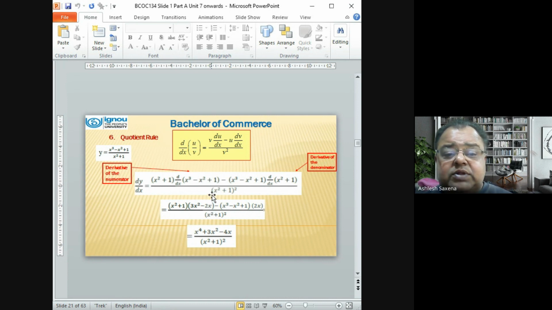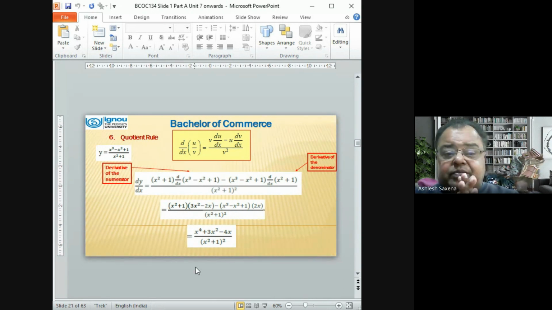Now, close the bracket, minus, write this bracket as it is. Now you have to differentiate this part. Derivative of x square is 2x and derivative of constant is 0. Leave 0. You will get this form divided by the square of the denominator. Right? Now open up this bracket and you will get the solution.